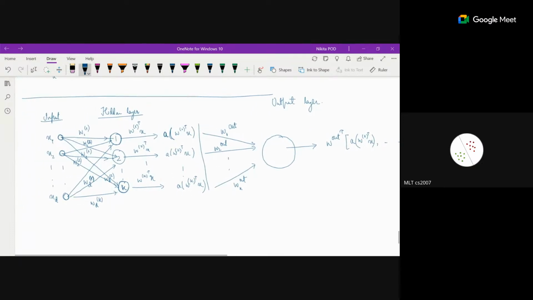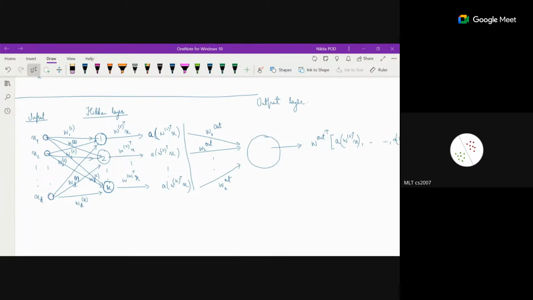Okay, so what we have seen here is the simplest neural network that can happen, but it is quite possible that you may have many hidden layers inside. This is just one hidden layer. We can call it layer 1, but you can have many different layers inside.